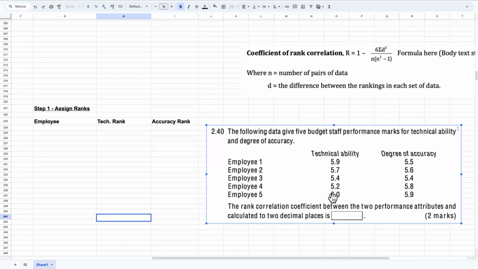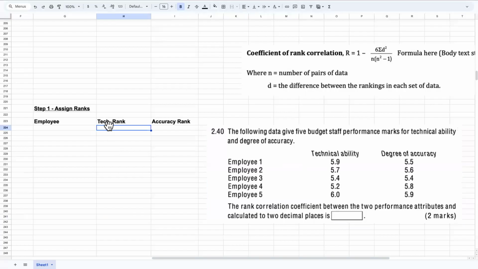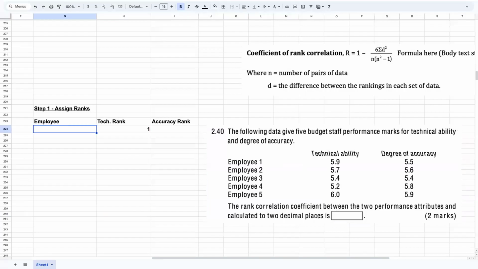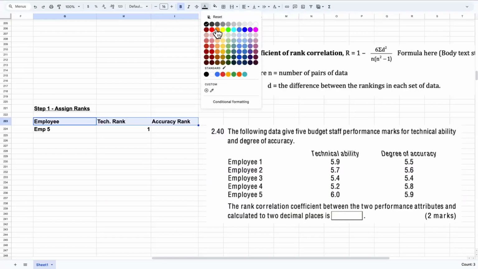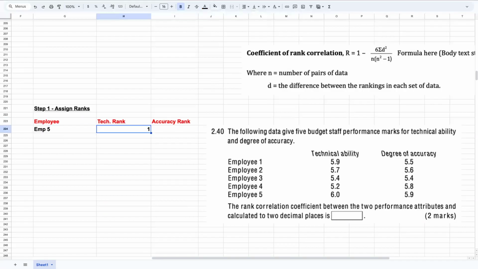Is it employee number 5? Very simple, right? So employee number 5, we can give the number 1 rank for the technical ability. So the number 1 rank goes to employee 5. So I will put that simply as M5. Right? So employee 5 is going to get technical rank number 1.